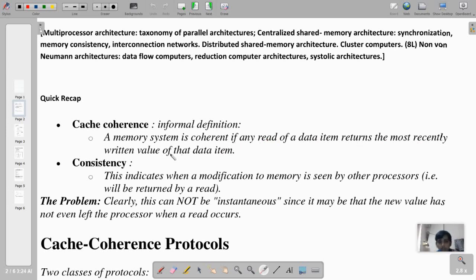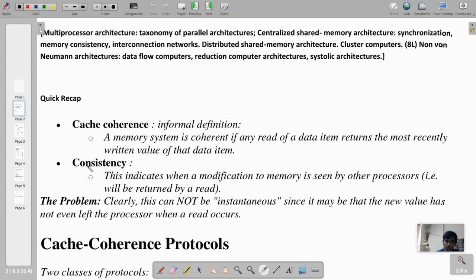That means if you go back to our previous example, our memory system would have been coherent if processor P2 had access to the most recently written value of that data, that is X1. However, in that example, processor P2 did not have access to the most recently written value of X. So there was a cache coherence problem.